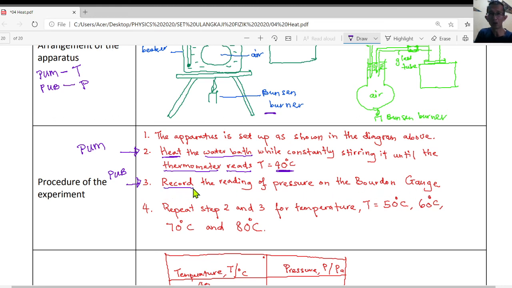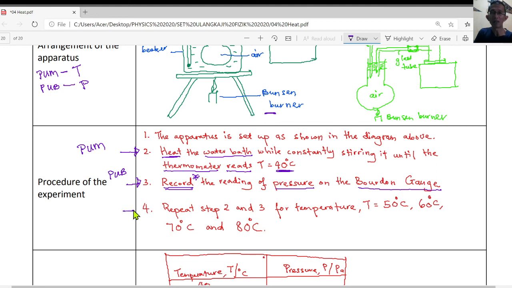The word record here is compulsory. My responding variable is the pressure, and I measure pressure using a Bourdon gauge. Remember the word record here is compulsory. So that is step number 3.